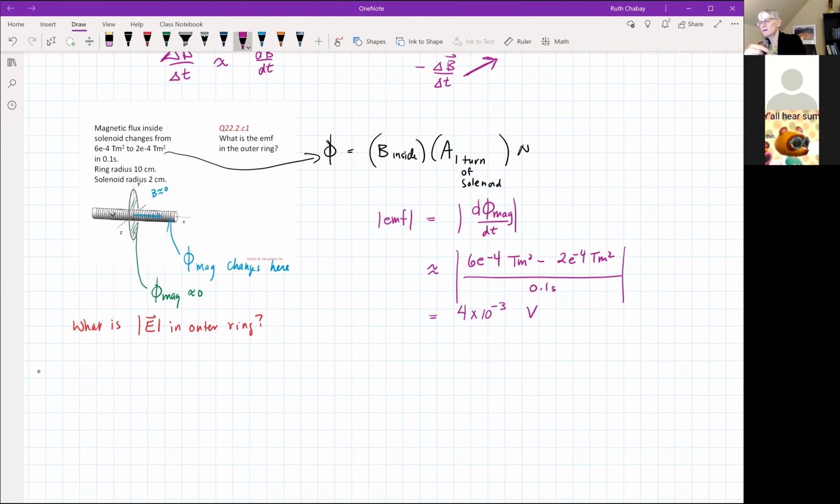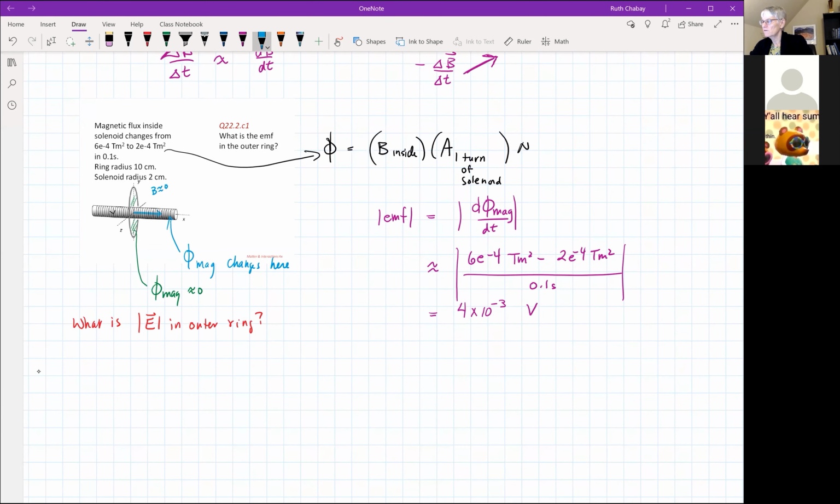Since the magnetic flux is decreasing, B2 would have been smaller than B1, so delta B would have been to the left.